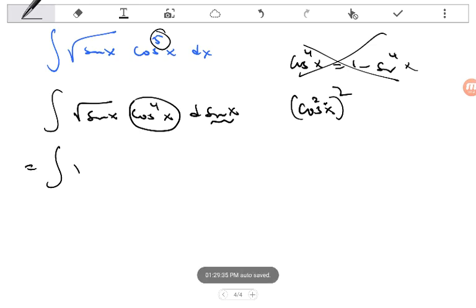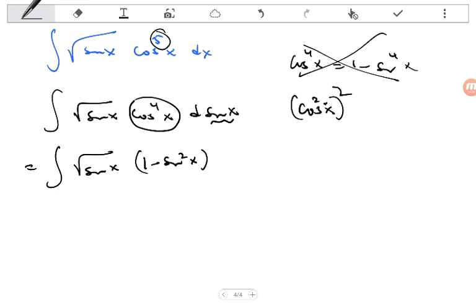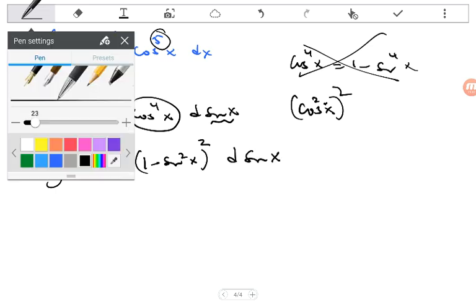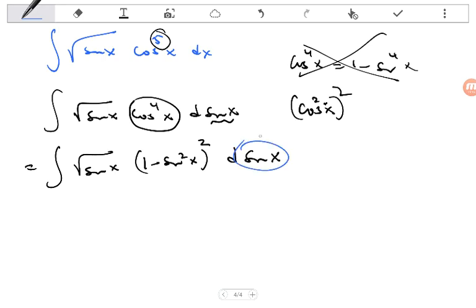Yes. So this will be integration of root sine x, 1 minus sine squared x all squared d sine x. I'm not using the reduction formulas here. If I take this as a substitution by y, it will be root y times 1 minus y squared all squared dy.